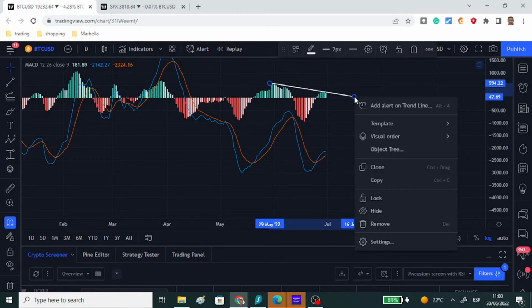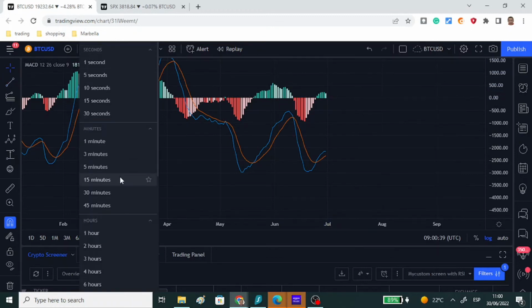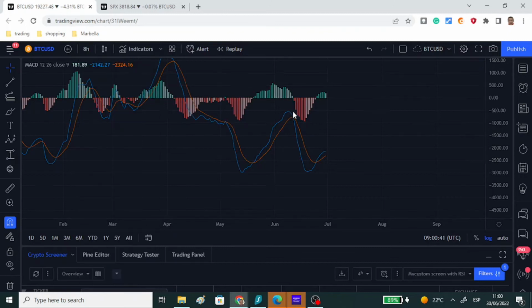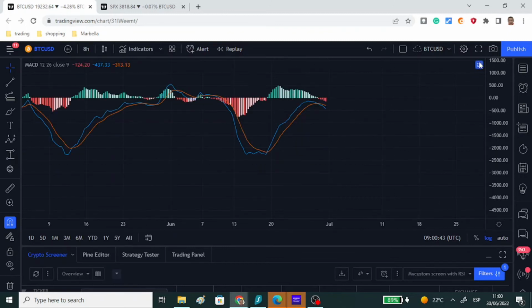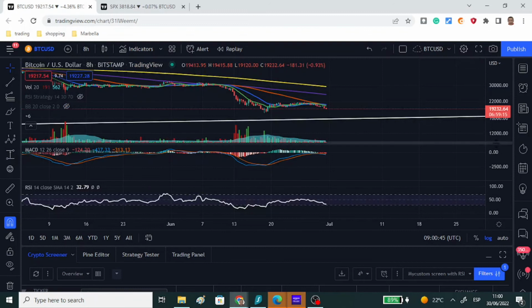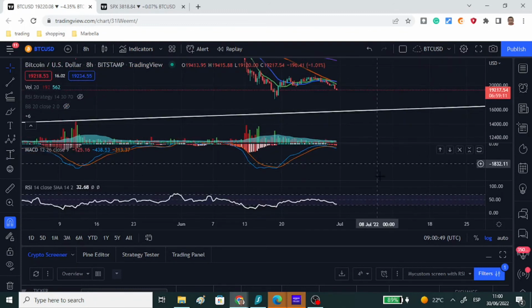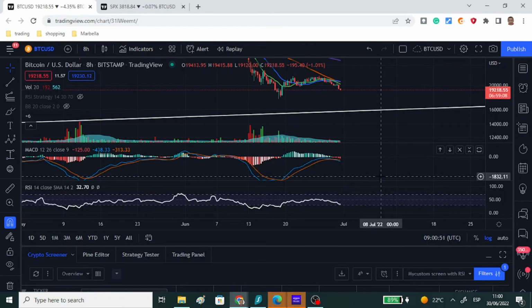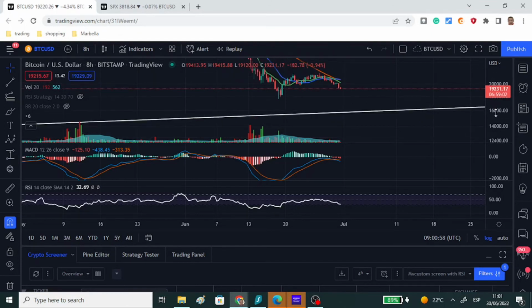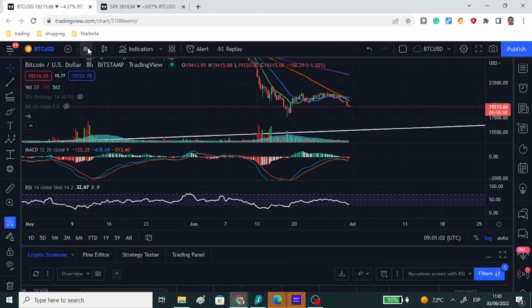On the 8 hours, wow, the 8 hours is really bearish. I don't see any bullish momentum yet, so we will have to sit tight and watch.